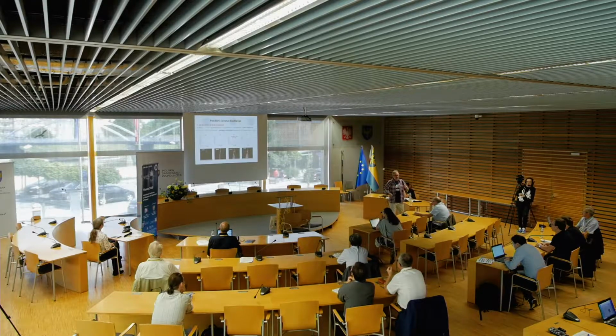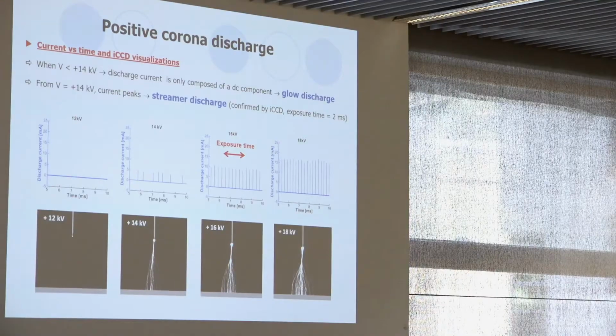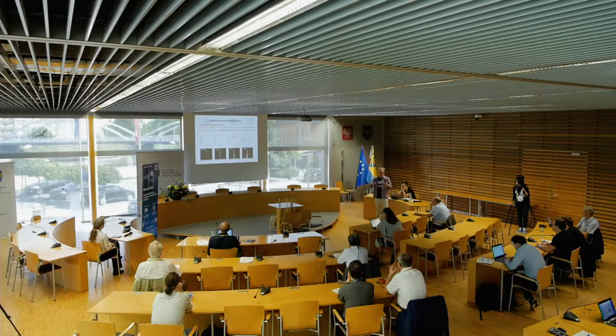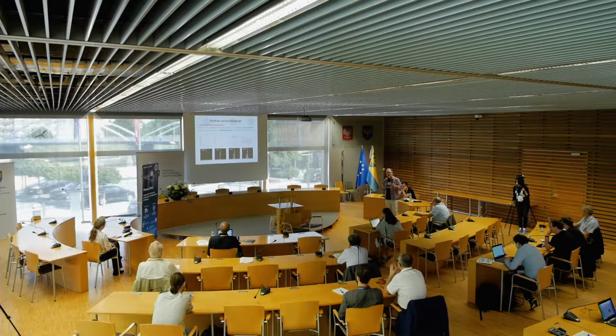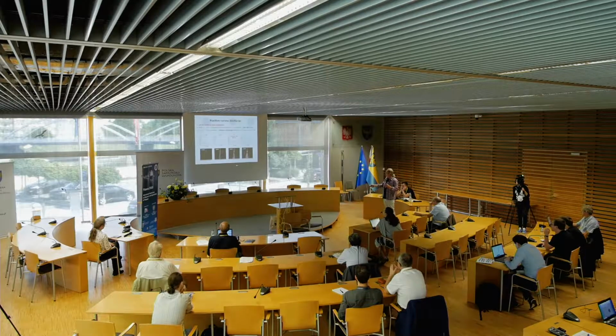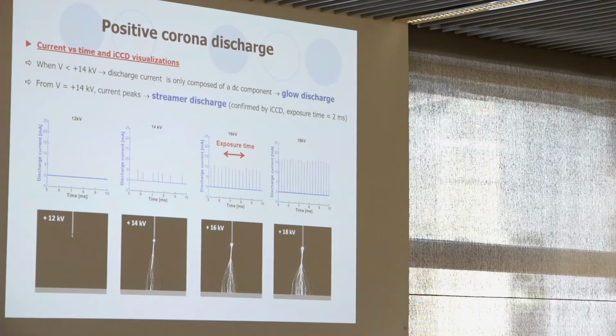Physically, that means that we produce positive ions and they drift continuously towards the grounded electrode. But from 14 kV, we can see some current peaks, and these peaks correspond to streamers. So when you increase the voltage, as is well known for corona discharge, from a threshold you pass from a glow discharge to a streamer discharge. And these streamers are confirmed by ICCD visualization.